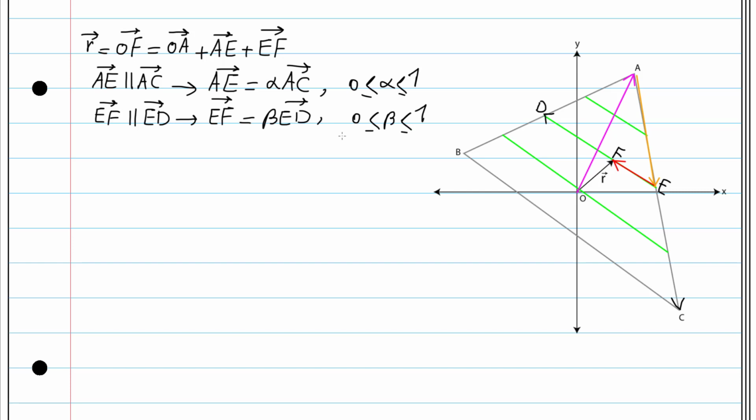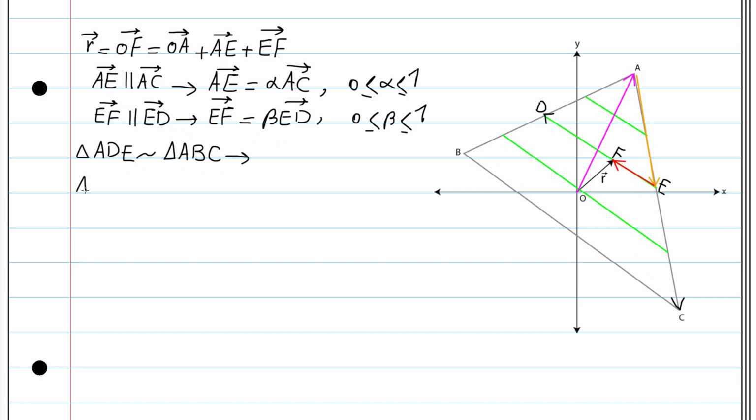Because the green lines are parallel, the triangles ADE and ABC are similar because they have three equal angles. So ADE is similar to ABC, and therefore the ratio between AD and AB or AE and AC is equal to the ratio between ED and CB.